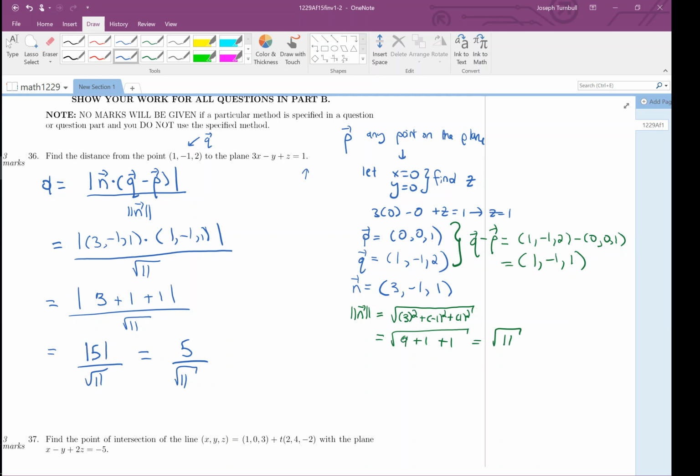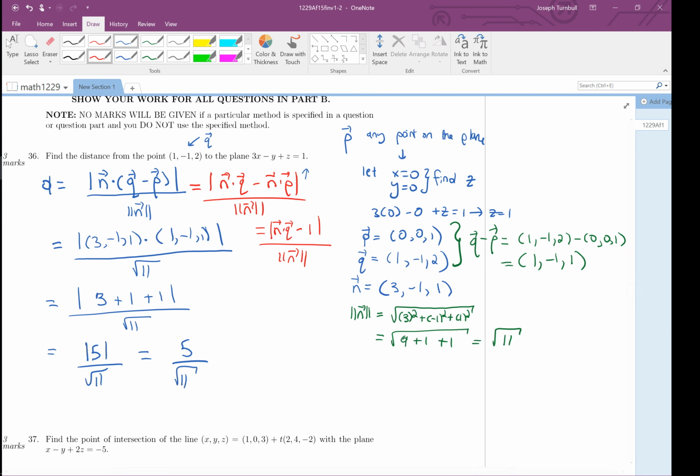Okay. And the shortcut, if you wanted to use a shortcut, is up at the very beginning, distribute that dot product. So you have n dot Q minus n dot P over the magnitude of n. And then that's n dot Q minus 1 over the magnitude of n.